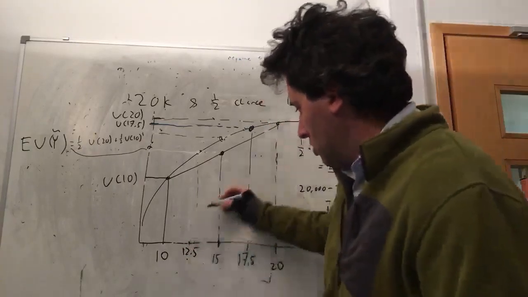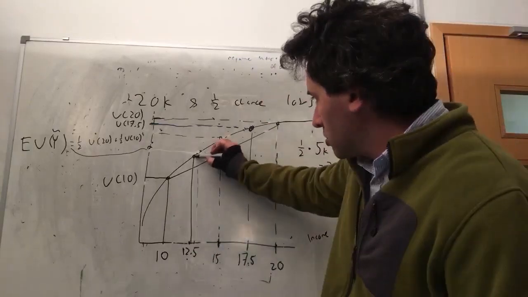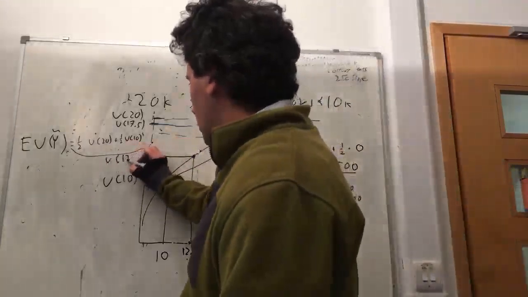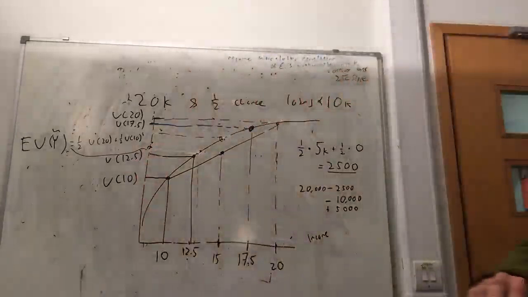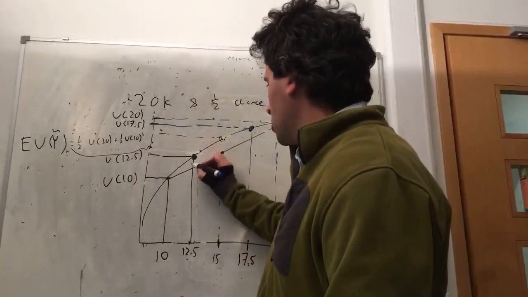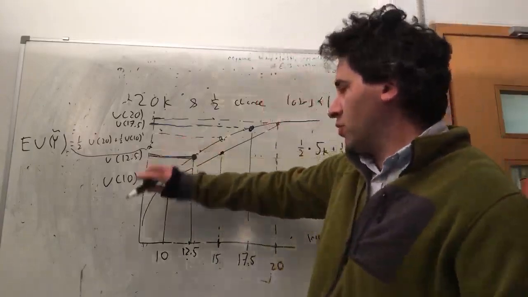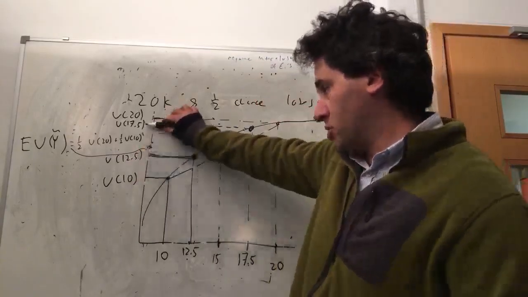So the utility, the point halfway between here and here, projected up to some point. So we have the utility of 12,500. If they buy the partial insurance, their expected utility is half of this, with 1/2 probability they get this utility, and half of this, with 1/2 probability they get this utility.